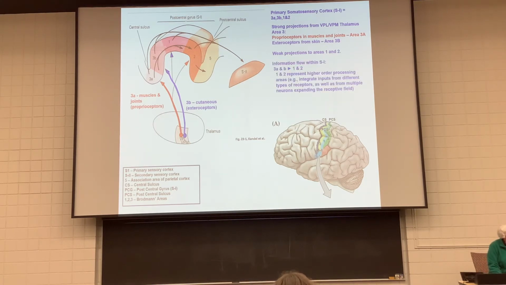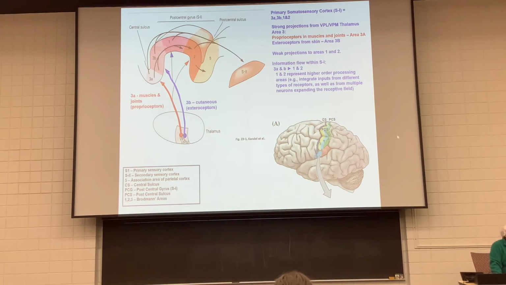But notice axons arising from area 3, A and B, send projections to area 1. Those neurons send projections to area 2, and then we're going to talk a little bit about this secondary sensory cortex in a few minutes.